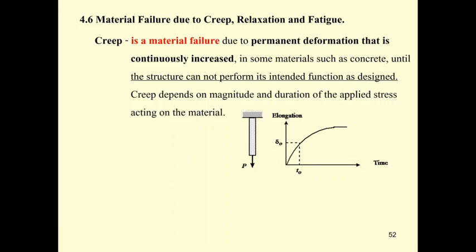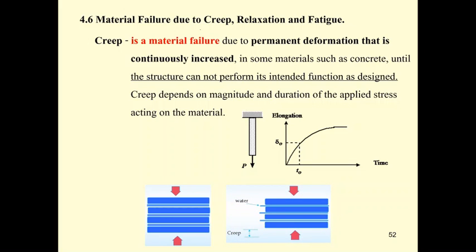It's not recoverable. For example, like this, that is the concrete with some water in the air voids. When you press it, the water just comes out. That's a model, and then the creep occurs.